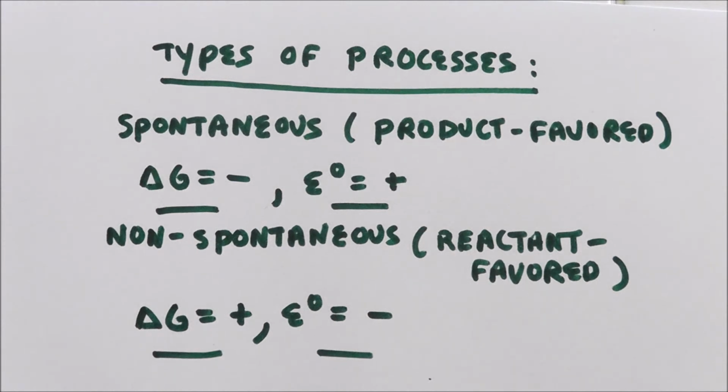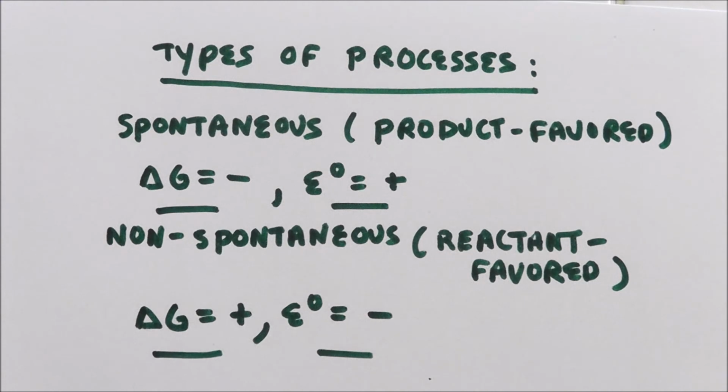We're going to talk about what types of processes actually occur passively in nature. So there are 2 types. It's kind of like rolling a boulder up a hill or down a hill. Both can be accomplished, but one's easier than the other. So there are spontaneous processes, and those are what we call product favored, okay? Those are 2 equally accepted terms.